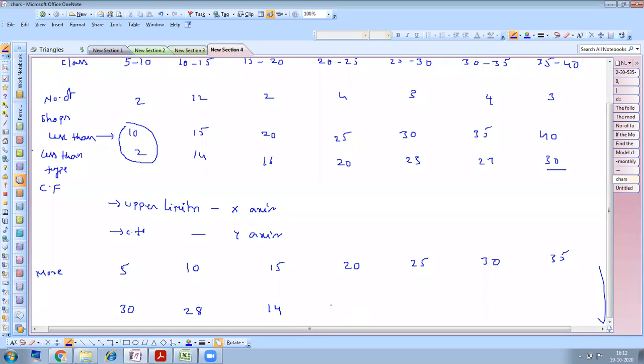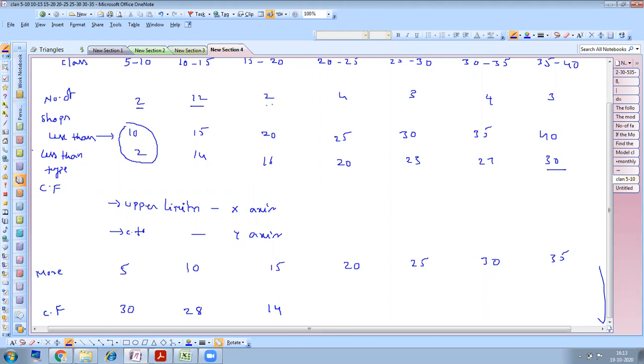So 14. Guys, for the more than graph, the cumulative frequency with the same data, this is 30. From here, 30. From here, 28.